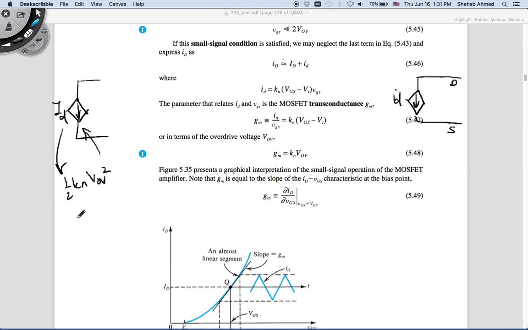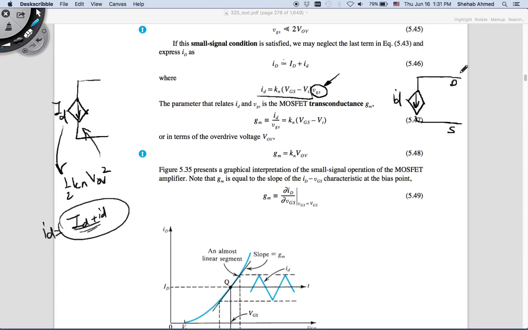So we are not including ID plus ID together as one equation for current like we did in the last example. Here we are splitting the small signal by itself. So the small signal will also by itself look like a voltage controlled current source, meaning controlled by the gate to source voltage. So I still have a model like this.